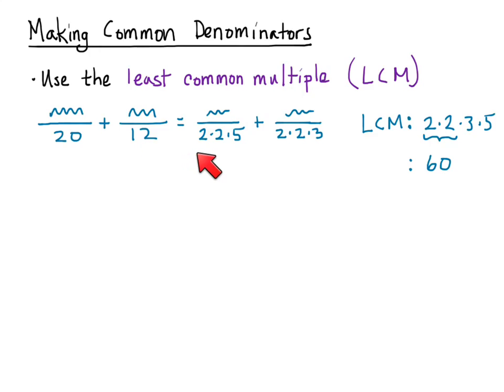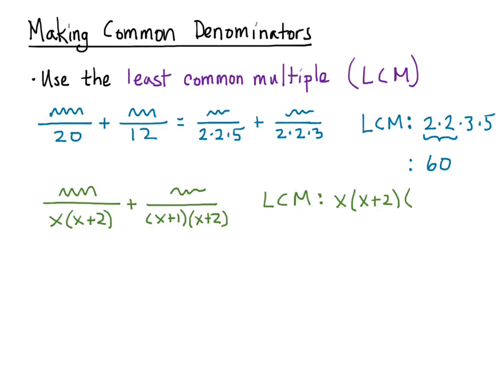But if you look at the least common multiple, 20 factors into 2 times 2 times 5 and 12 factors into 2 times 2 times 3. They both have a 2 times 2, so you only use that once. And then you have the unique factors of 3 and 5. So the least common multiple is 60, and a better common denominator is 60.